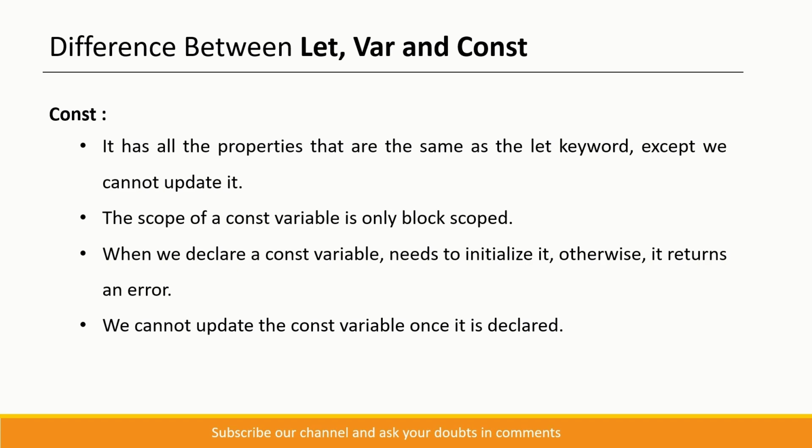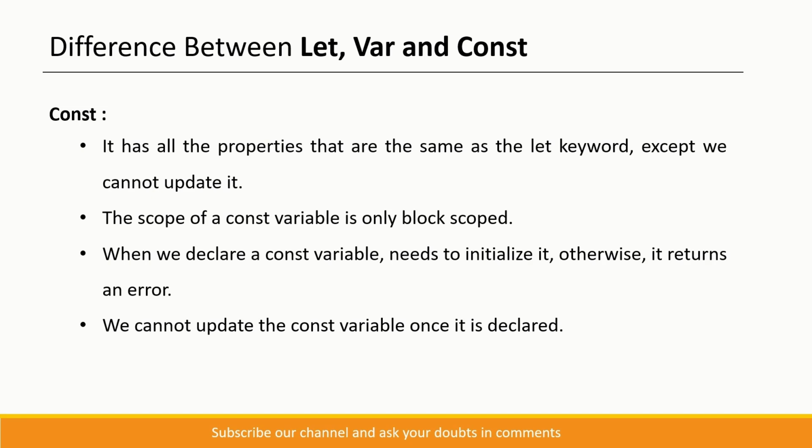The scope of a const variable is only block scope. When we declare a const variable, we need to initialize it, otherwise it will return an error. It means once we declare a variable like const a equal to 0, after that we can't update it. First we need to declare a variable and we need to initialize it.